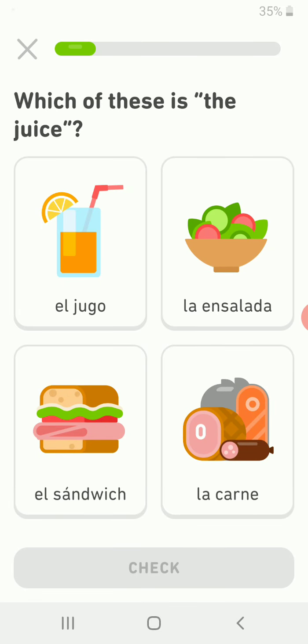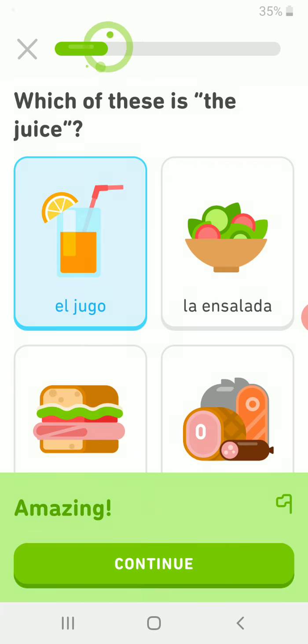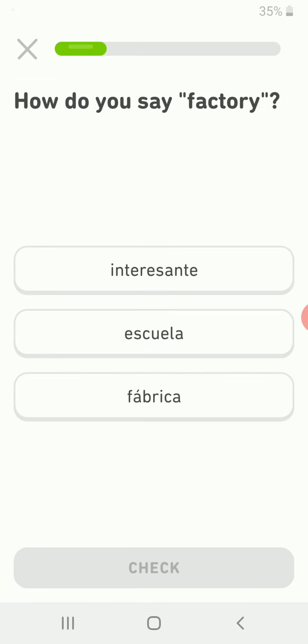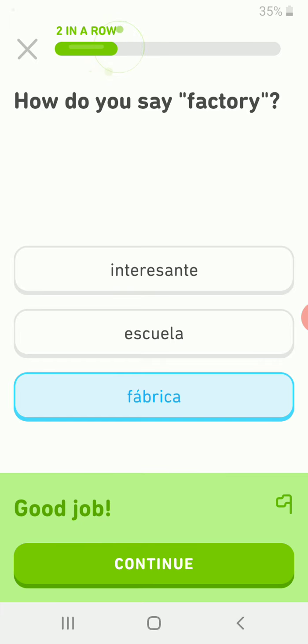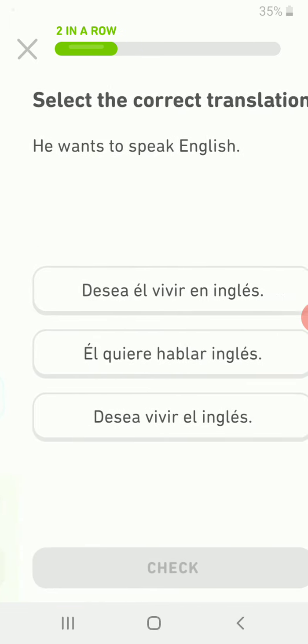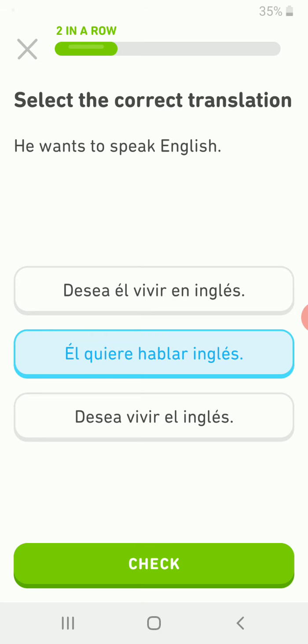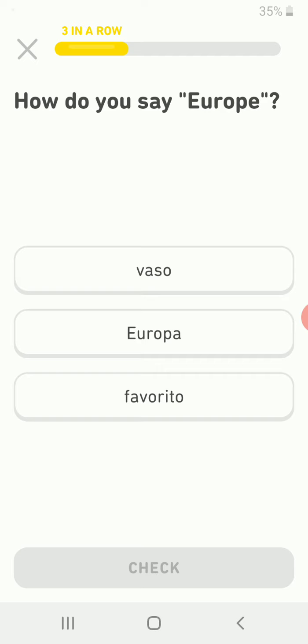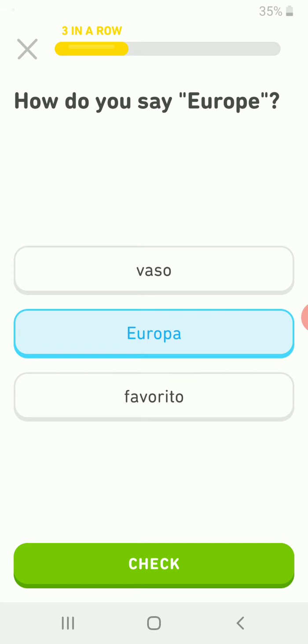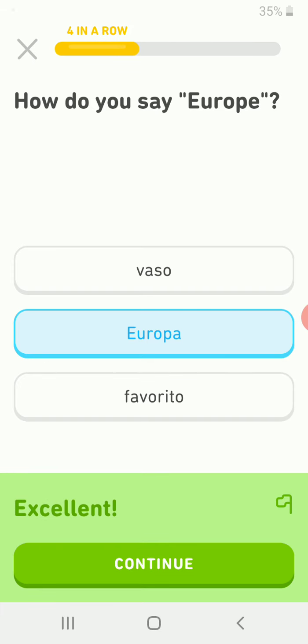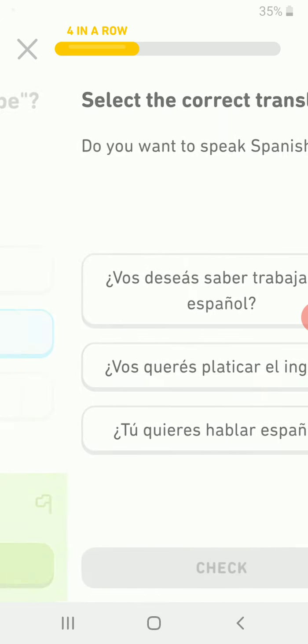Which of these is juice? El jugo. And fábrica is a factory. And he wants to speak Spanish. Él quiere hablar inglés. It's not Europa, but Europa.